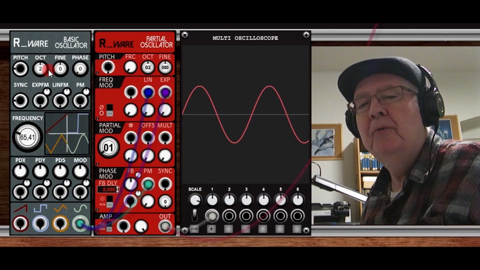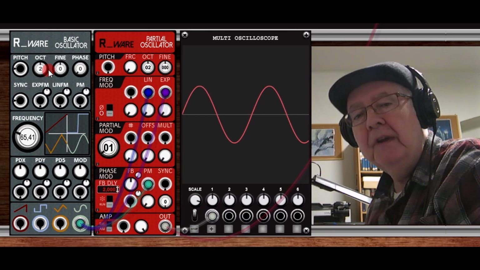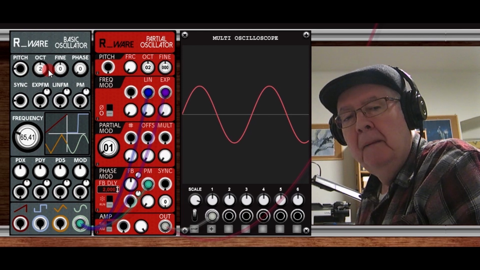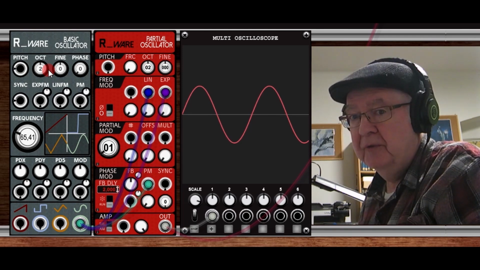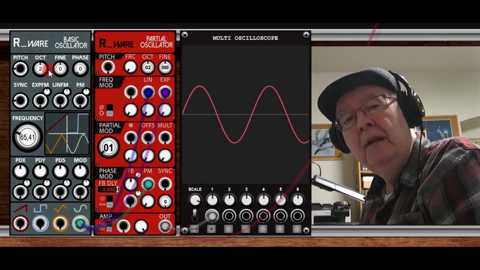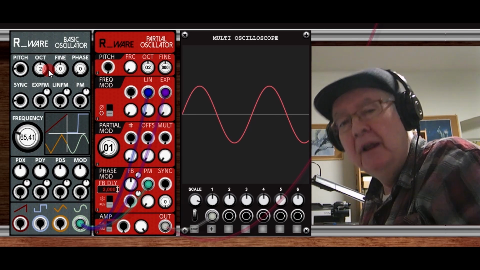Let me compare the results of phase modulation and those of the diverse frequency modulations. I'll increase the phase modulation from 0 to 25%, and I'll do the same with the linear FM and linear through 0 FM, followed by exponential FM now.